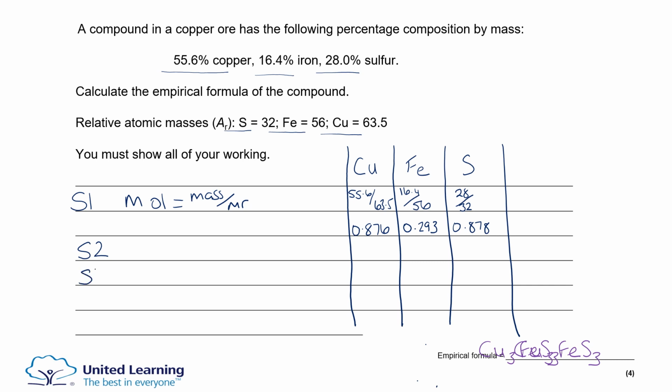So step 3 then is where we write in our ratios. So really, like I said, you've got about 3:1:3.